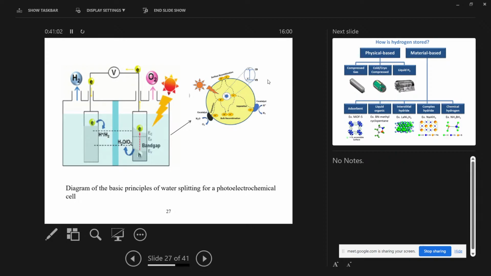If the electrons and holes recombine, then the reaction will not occur. So it is a mandatory condition for photoelectrochemical reactions that they be separated and come to the surface for the reactions to occur.